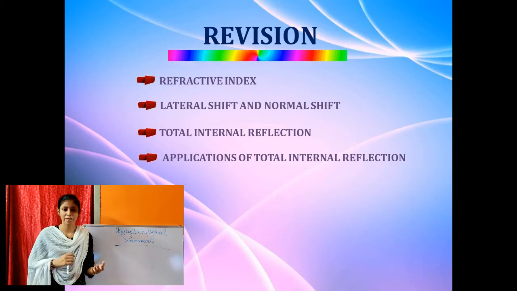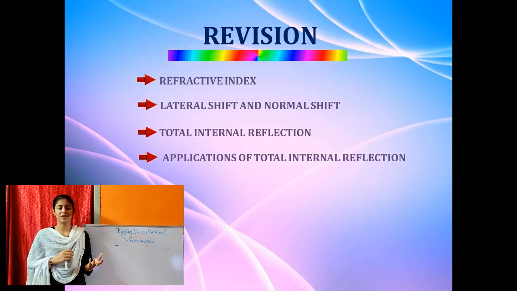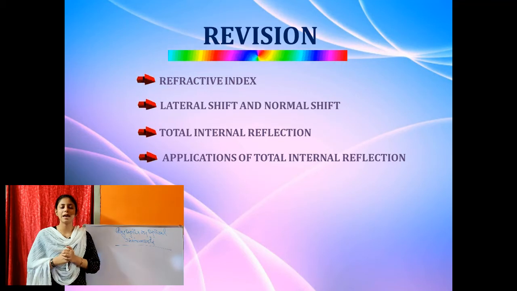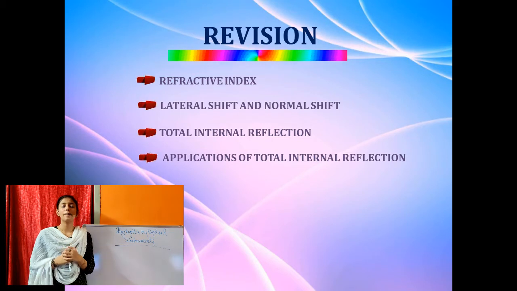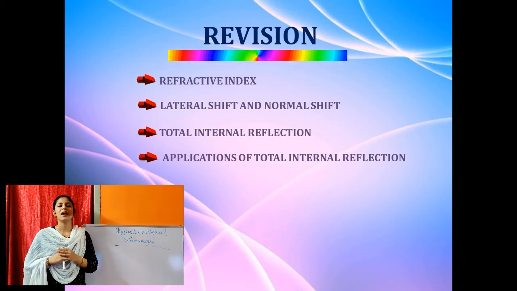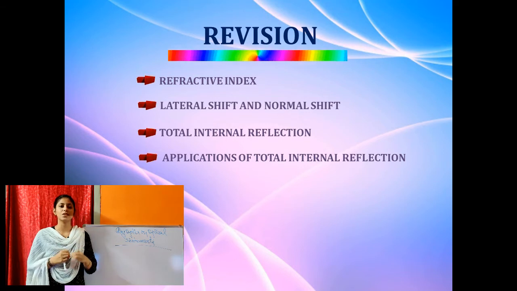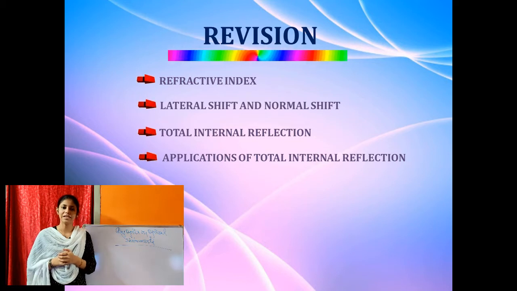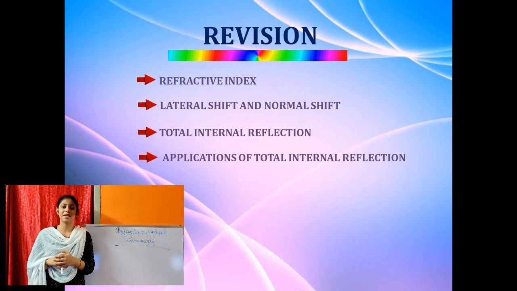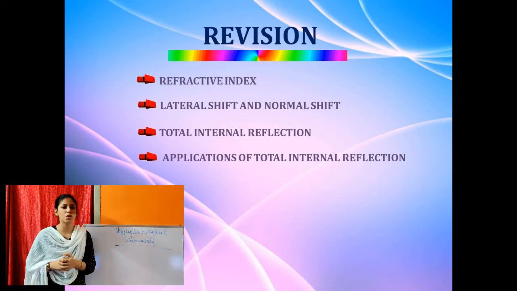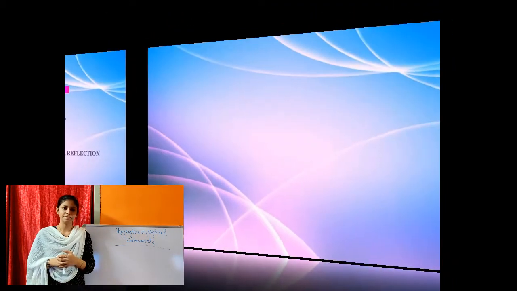Then the brilliance of diamond, then total reflection prisms, and the last application is optical fibers. These optical fibers are nothing but thin strands used for the transmission of signals. The applications of optical fibers also we had discussed.